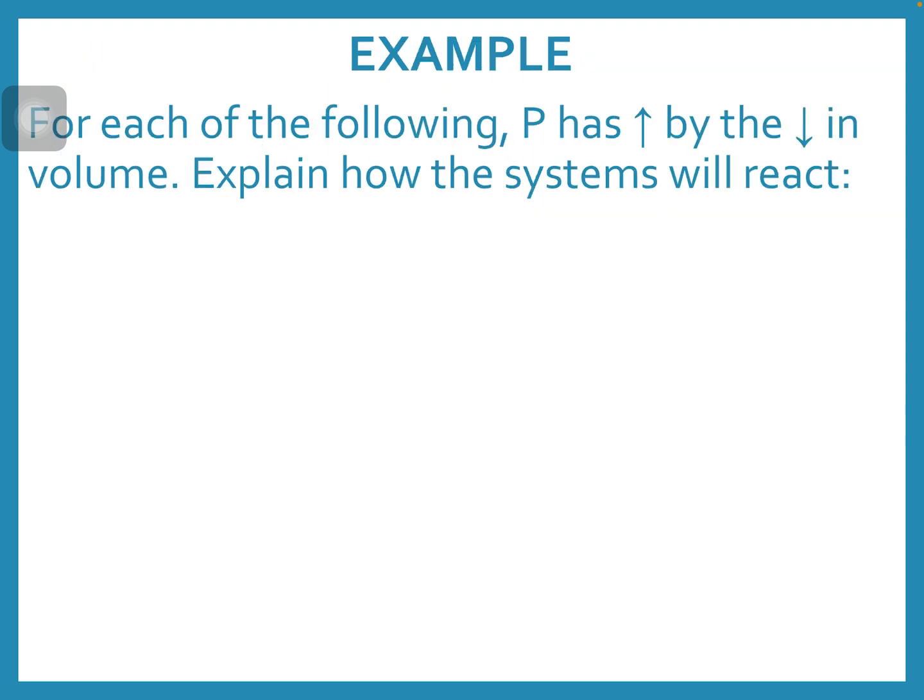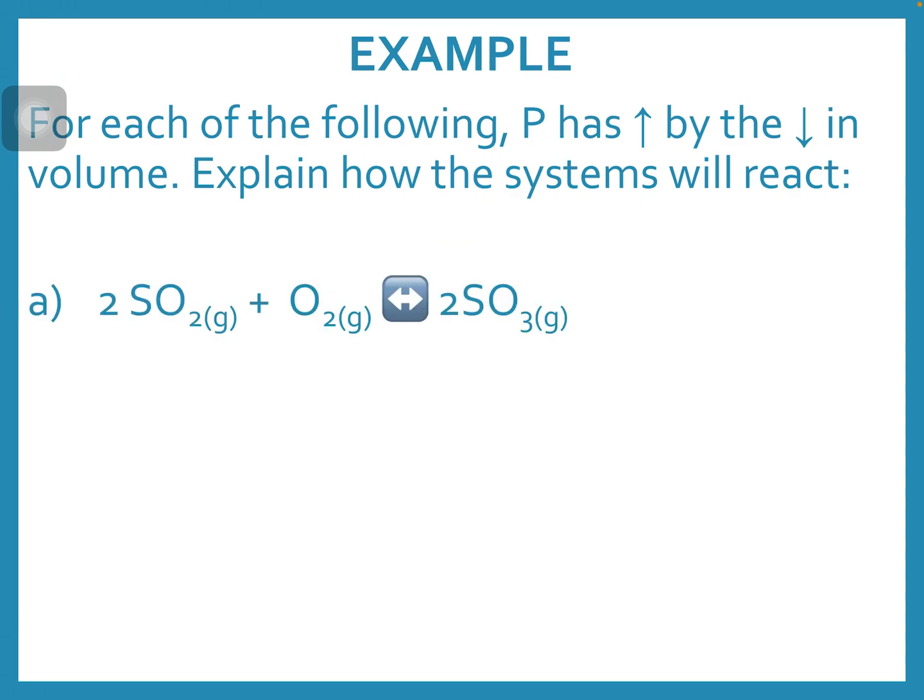So if I increase the pressure and decrease the volume, what is going to happen here? So increasing pressure, decreasing volume. So if I have a certain starting point and I press down on the top to make less space, what's going to happen? So what I want to do is look over here.